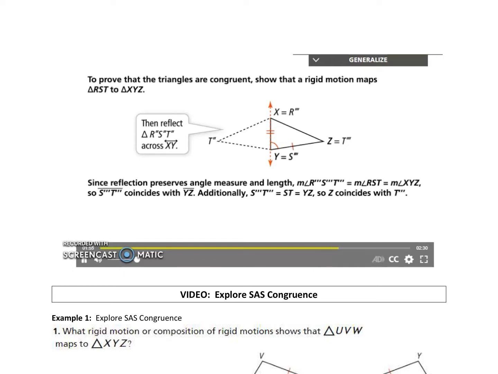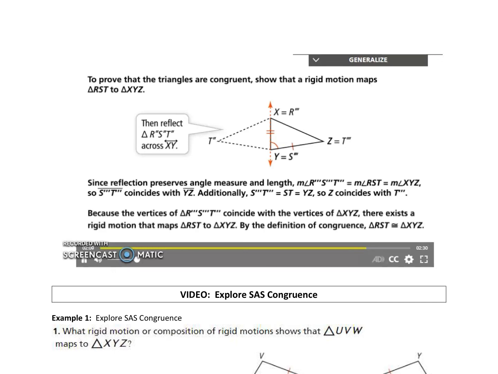Additionally, the length of segment S', T' equals the length of segment ST equals the length of segment YZ. So Z coincides with T'. Because the vertices of triangle R', S', T' coincide with the vertices of triangle XYZ, there exists a rigid motion that maps triangle RST to triangle XYZ. By the definition of congruence, triangle RST is congruent to triangle XYZ.